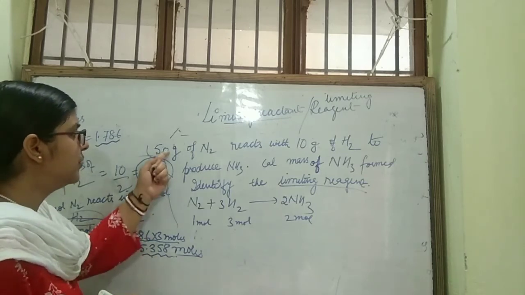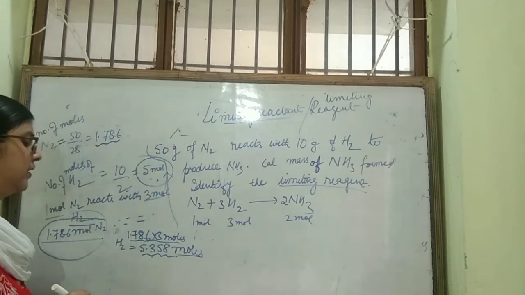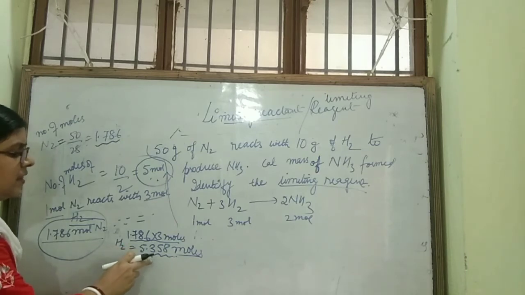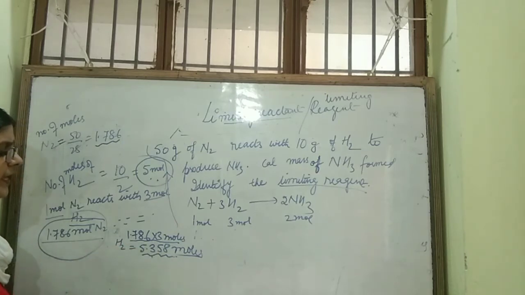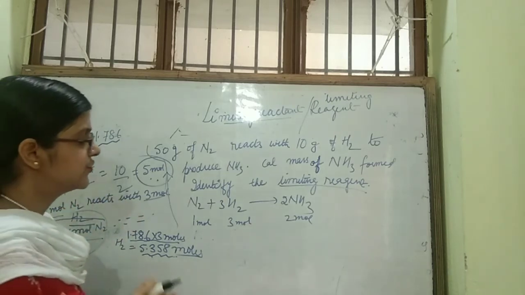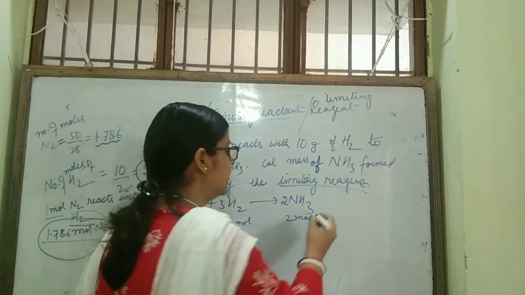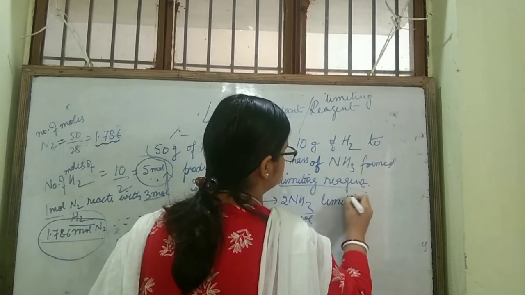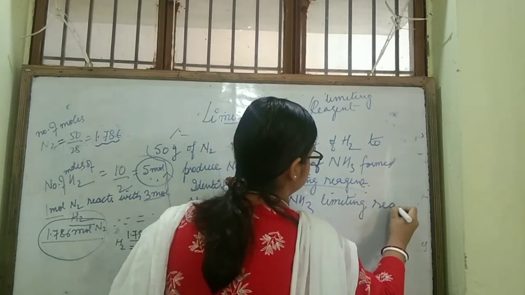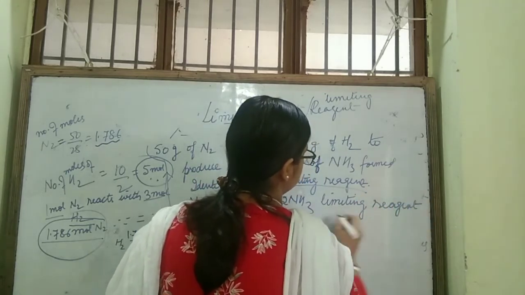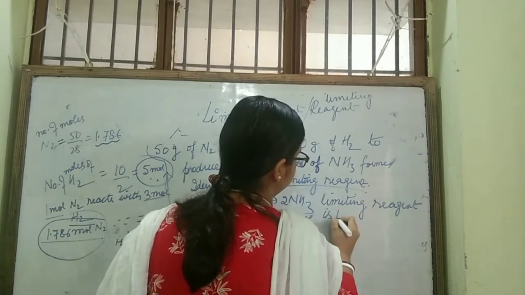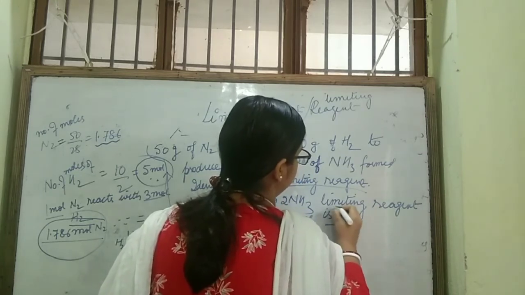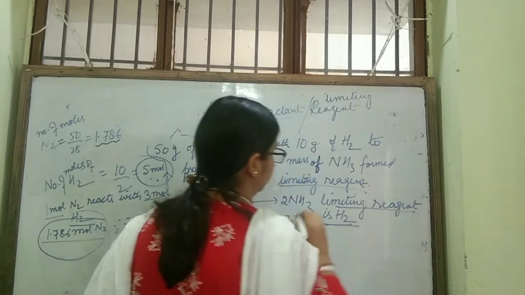Because to react with 50 gram of nitrogen, 5.358 moles of hydrogen is required, but here only 5 moles of hydrogen are available. So it's clear, the limiting reagent is hydrogen.